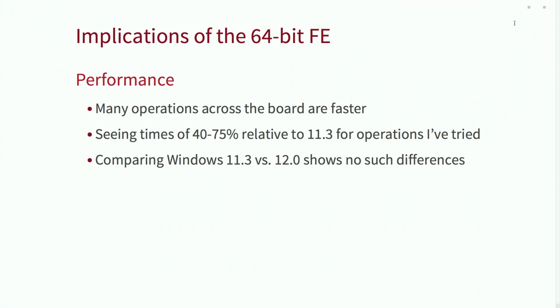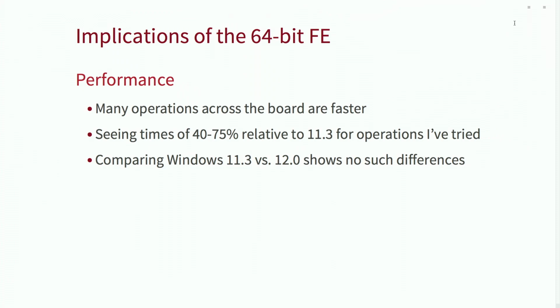So I was a bit surprised when I looked into what we've done for the Cocoa 64-bit front end, and discovered that it seems to be faster across the board. It's very pleasant, actually.